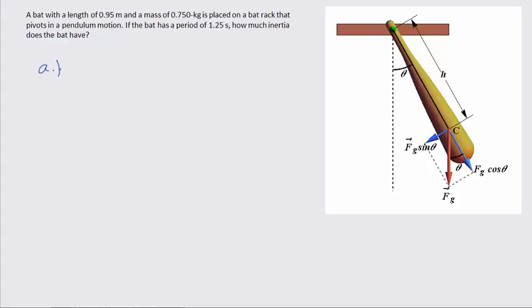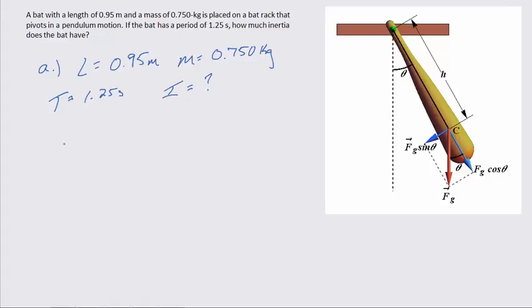So we can summarize our information first though, knowing that our length is equal to 0.95 meters, and we have a mass of 0.75 kilograms with a period of 1.25 seconds, and we're asked to solve for the inertia of the bat.